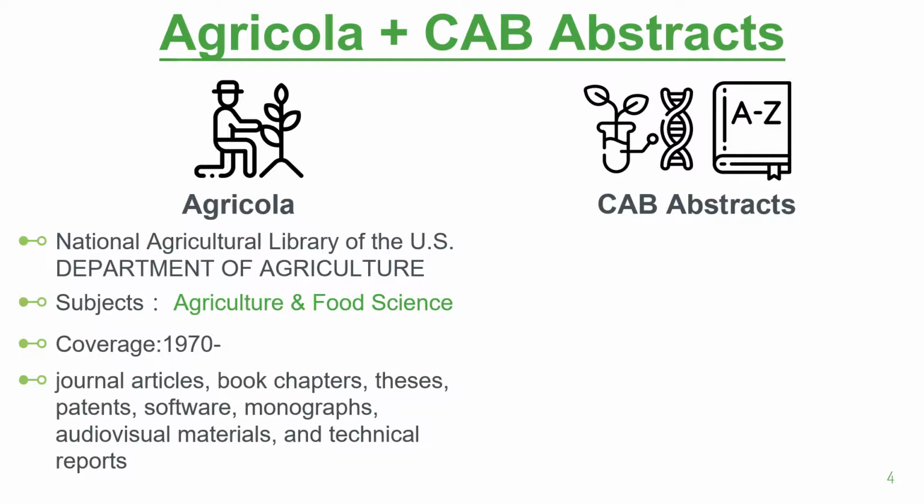It contains approximately 5.7 million citations encompassing all aspects of agriculture and allied disciplines. Citations comprise journal articles, book chapters, theses, patents, software, monographs, audiovisual materials, and technical reports from 1917 forward.